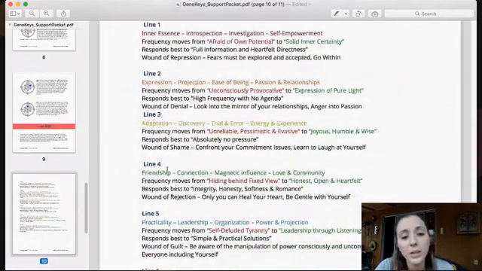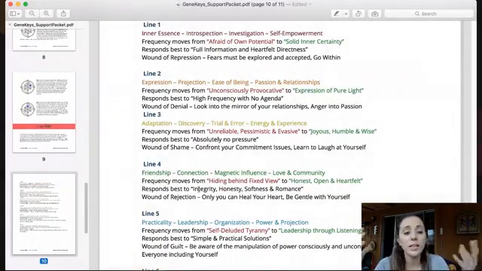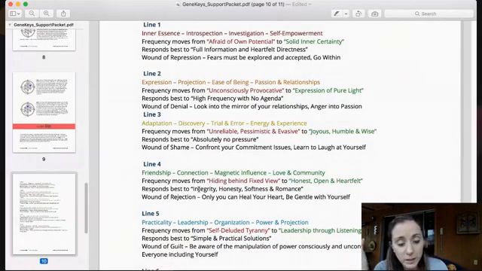Line 4, friendship, connection, magnetic influence, love, and community. So it moves from hiding behind fixed view to honest, open, and heartfelt. So integrity, honesty, softness, and romance is what it responds best to. It likes being around people. It likes friendship. It likes connection. It likes being out there in the community. And so that's why you're going to need these experiences out there.